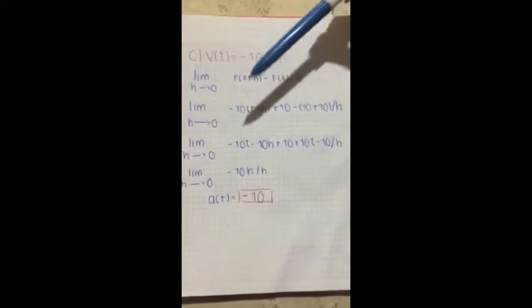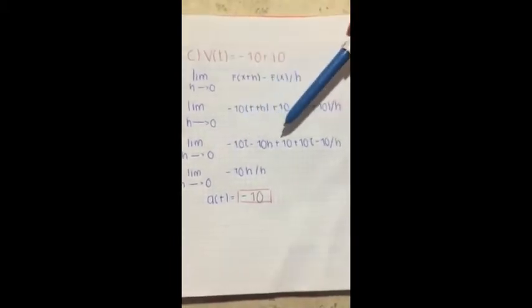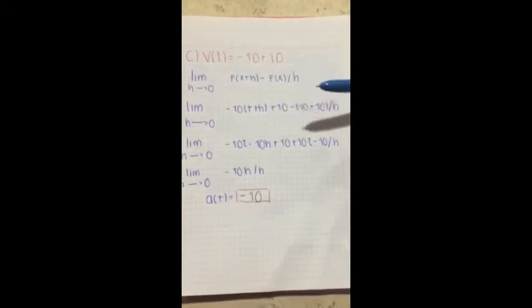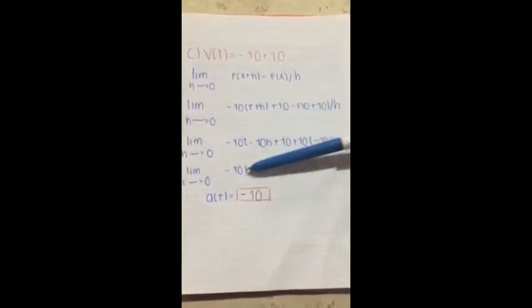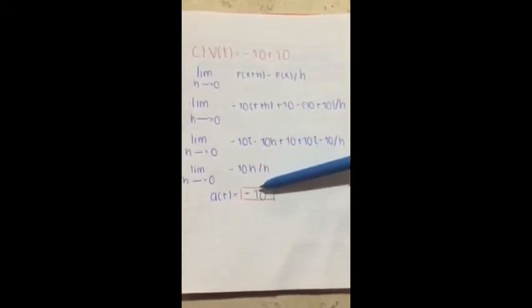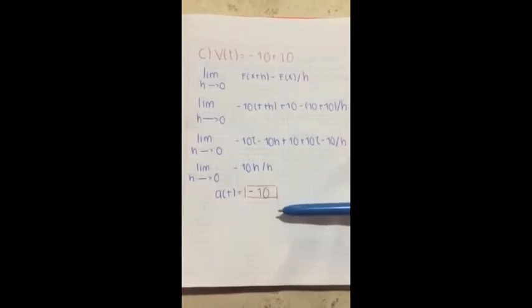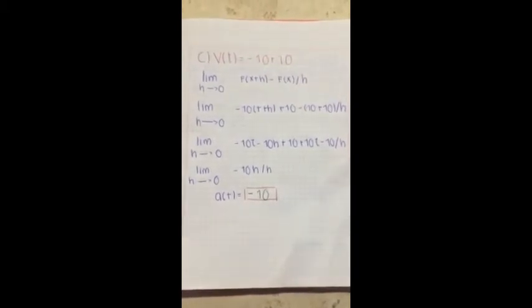So we got -10t + 10t is 0, and 10 - 10 is 0. We simplify this and we got -10h over h. And finally we simplify this and we got -10, that is the result of the limit definition.